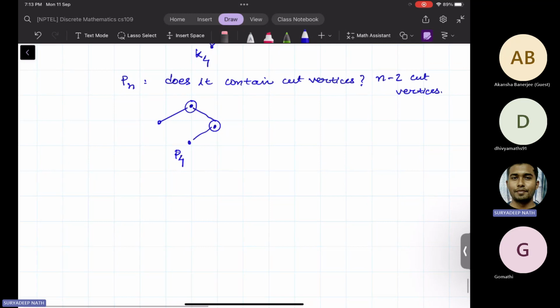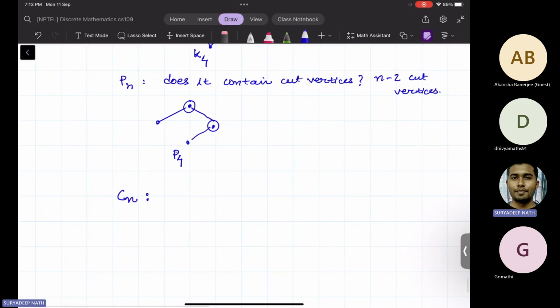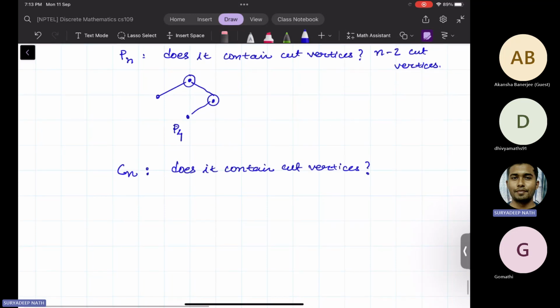Now come to Cn. Again the same question, does it contain cut vertices? I'll draw Cn like this: 1, 2, 3, 4. So you have C4. Now tell me, does this contain a cut vertex or not?